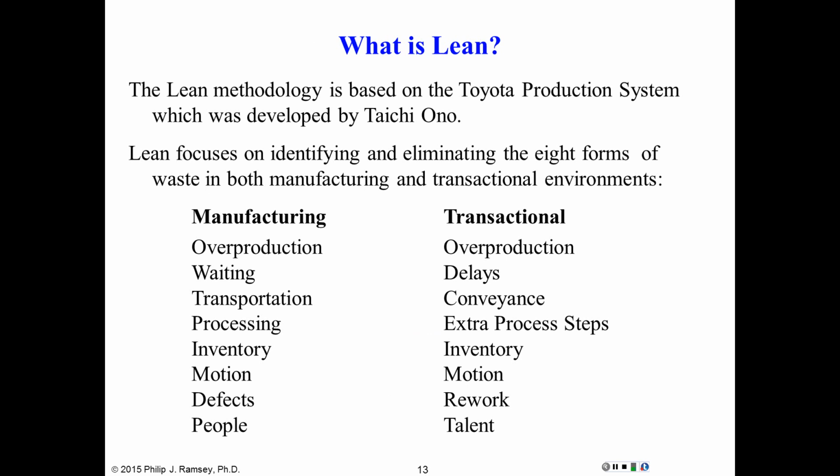What's called Lean was originally called the Toyota Production System. This was pioneered by Toyota and by a very senior engineer named Taiichi Ohno. He laid out the principles of how to have a lean, what he would call flowing, manufacturing operation. What's interesting is that Ohno himself said in the 1950s that everything he learned about lean, he learned from reading a book by Henry Ford.